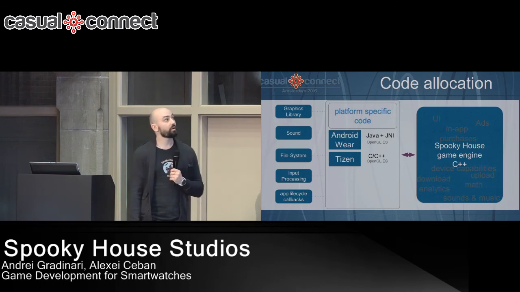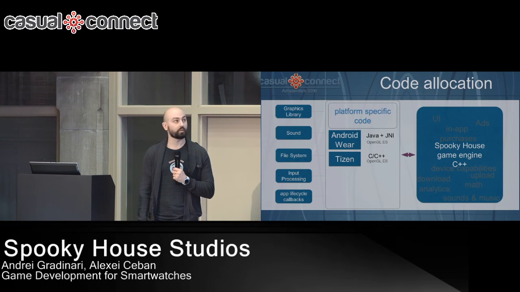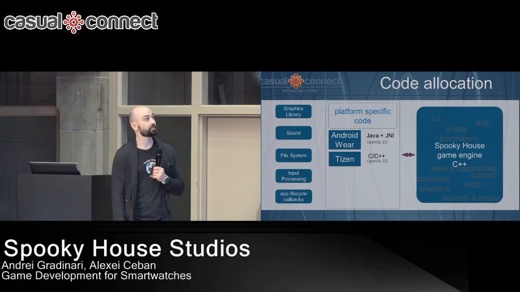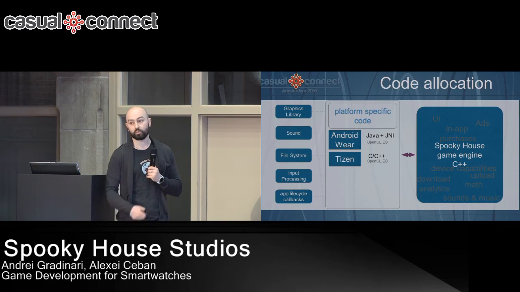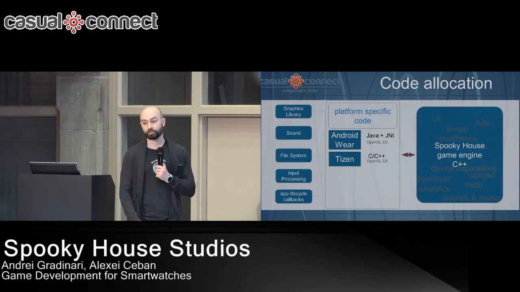For Android Wear, the port was easy, as the code was the same as for the Android platform. The only difference was we had to create a separate project in Eclipse. You might know that on Android you cannot install applications directly on your watch. You have to install them on your handheld device, and then with the synchronization process it will be automatically installed on your watch.